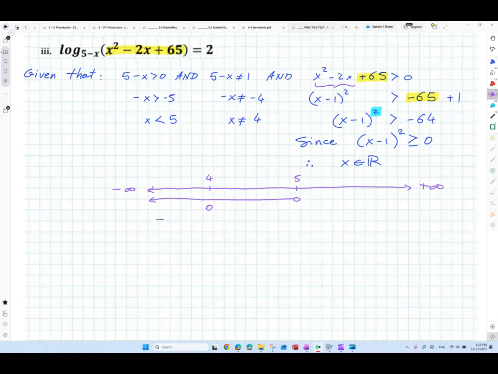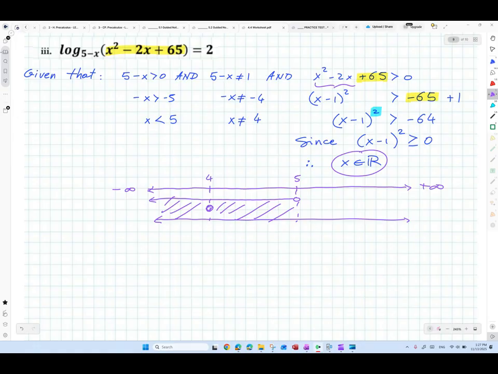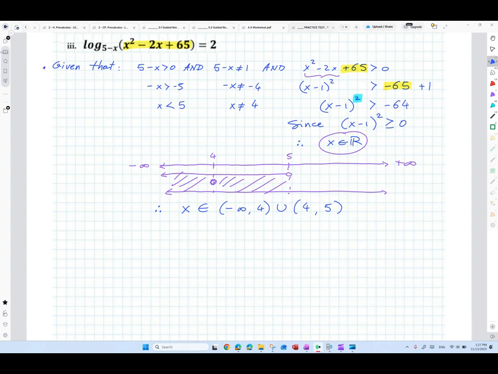And the third one, it's all real numbers. So the domain of validity is this one, with 4 being excluded. So if I conclude that using interval notation, x belongs to the interval negative infinity, 4 excluded, union 4, 5. So this is my domain of validity.